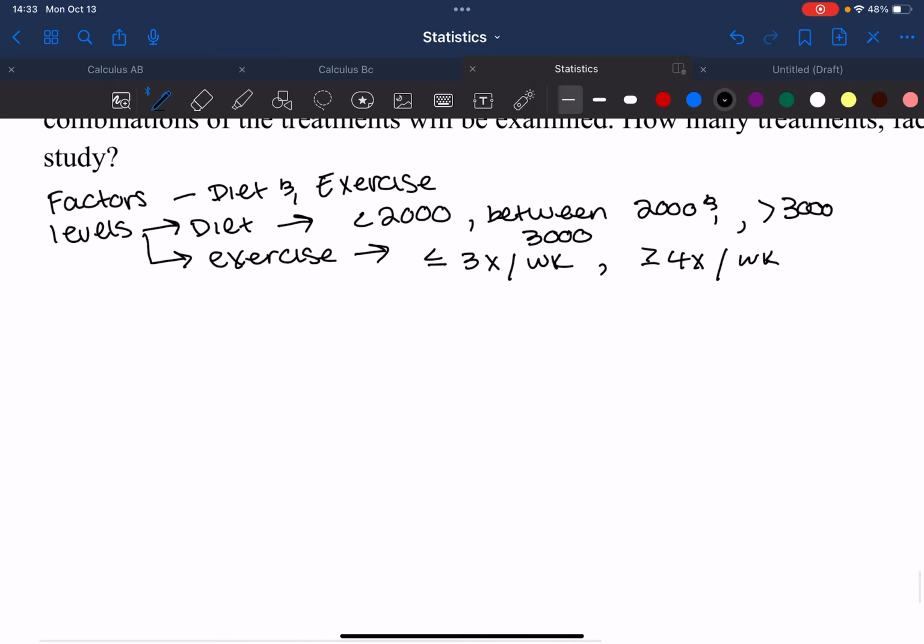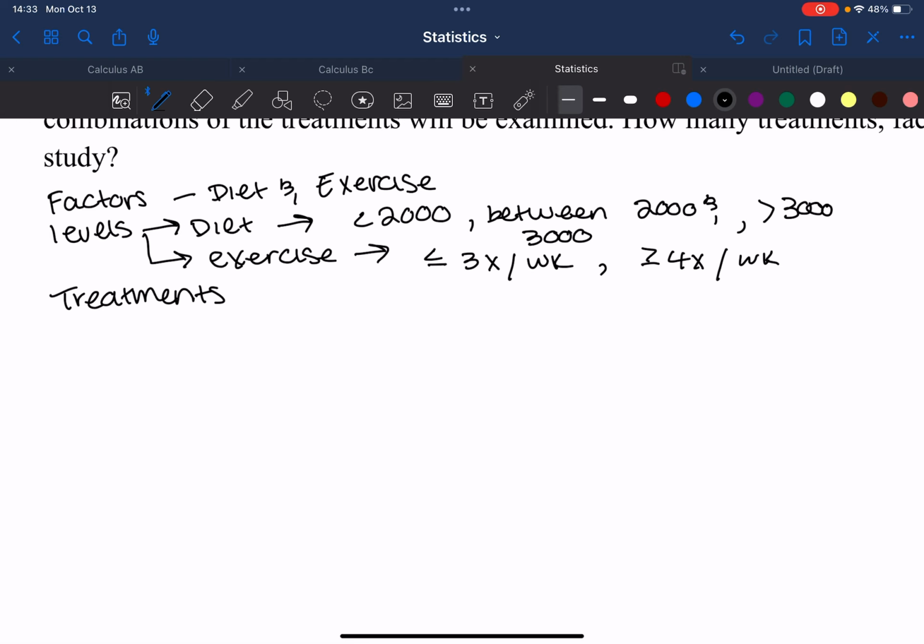Okay. Then we have the treatments. So for the treatments, what we're doing is that we are taking one of the diet levels and pairing it with both the exercise times.